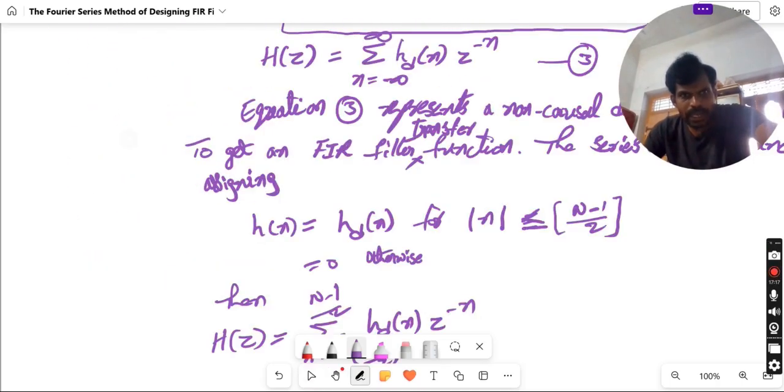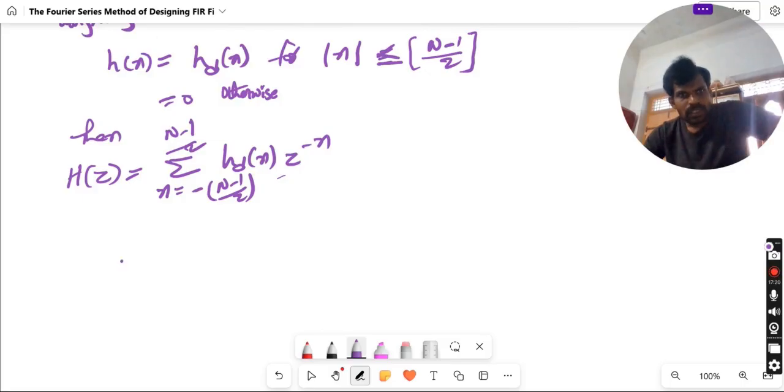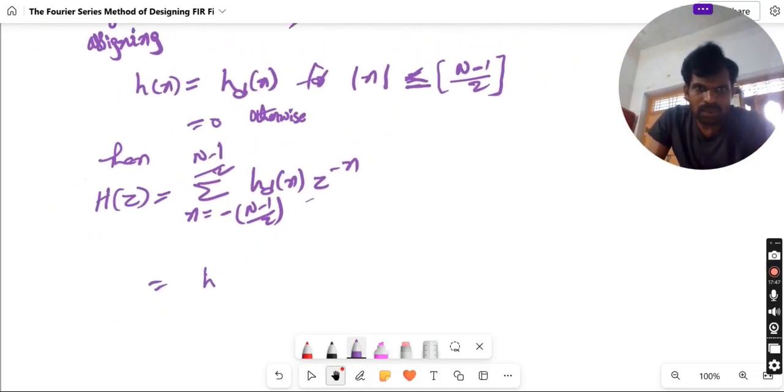Now let us expand this summation term. Instead of writing hd of n, within the range we can also write it as h of n, since h of n is equal to hd of n.